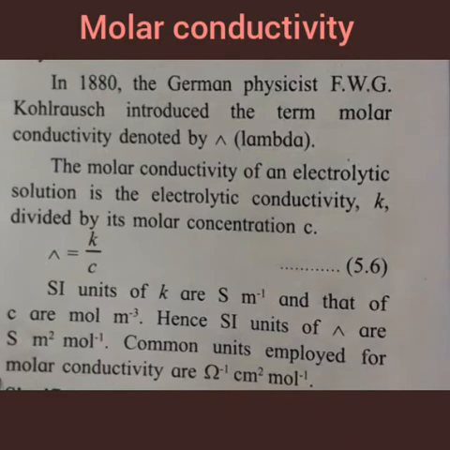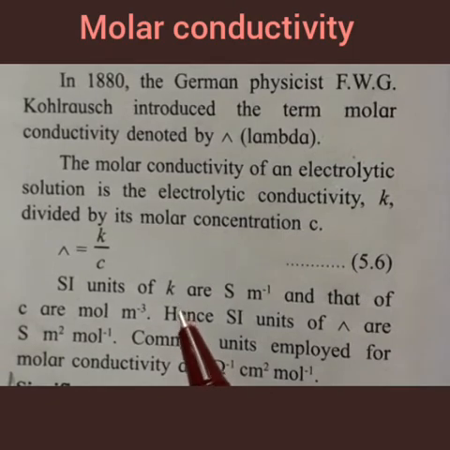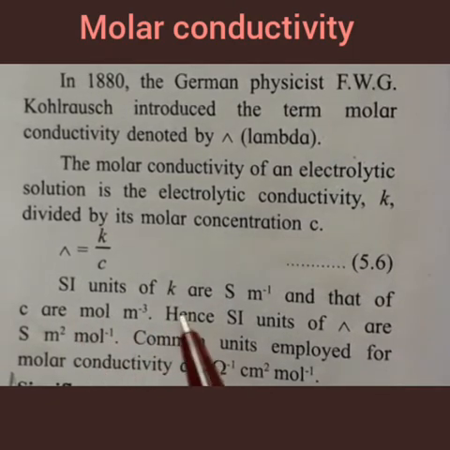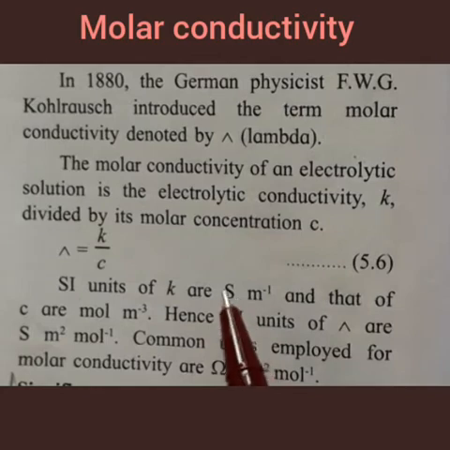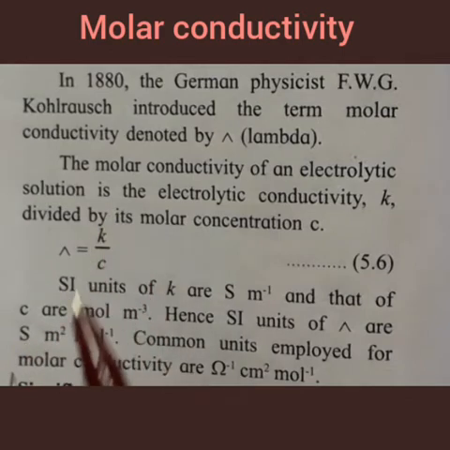In the last video we have studied the SI unit of conductivity, which is Siemens per meter. S is for Siemens. And the unit of concentration is mole per meter cube.